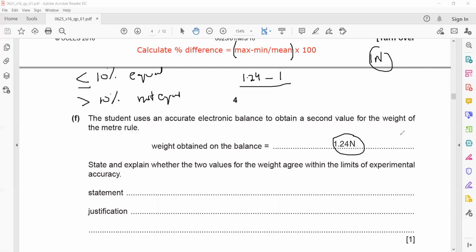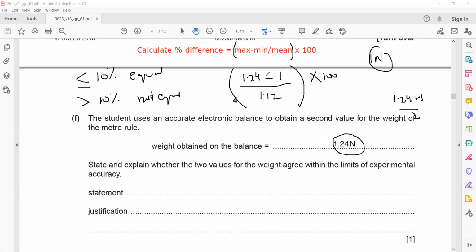What is the average of these two values? 1.24 plus 1 divided by 2. So 1.12 is the mean. So 1.12 and multiplied by 100.